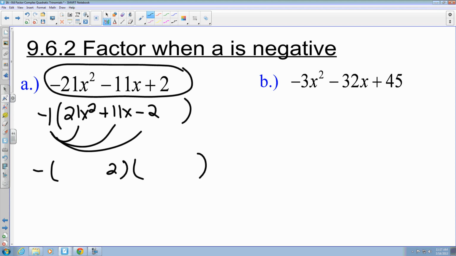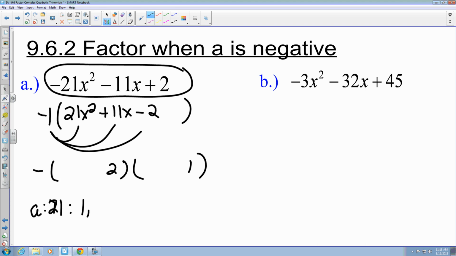And I know there's going to be a 2 here, and a 1 here, because 2 is a prime number. I know one's going to be a plus, one's going to be a minus. I don't know which one that is at this moment, but I know that the difference will give me a positive 11. So I want to find the factors of a, which is 21. 7 is part of it.